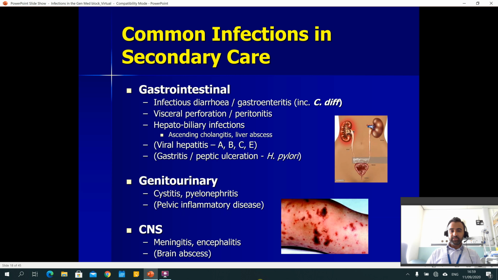Remember, there is a difference between meningitis and encephalitis. Meningitis is obviously inflammation of the meninges, the outer layer of the brain and central nervous system. So the symptoms you'll get from that are neck stiffness, photophobia, fever, and headache. Whereas with encephalitis, you may get meningitis, but you may not.